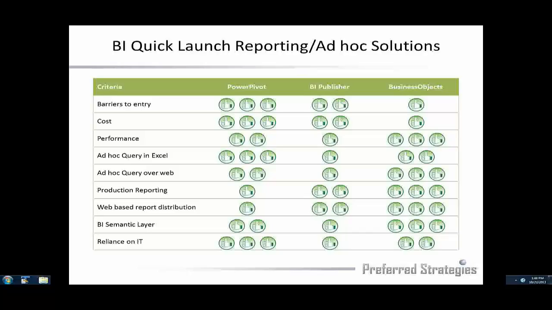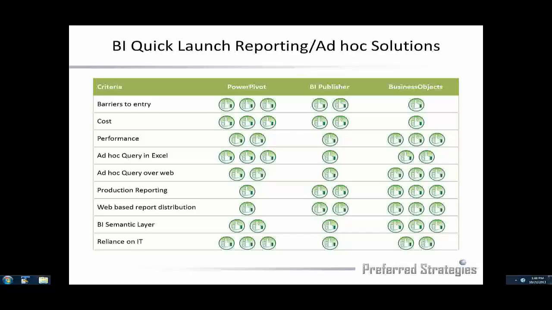And so the more data you're consuming in a data model, the larger that file gets, depending upon what browser you've got, and whether it's 32-bit, 64-bit. That might lend to some issues. So of those three, we've just seen Business Objects and Power Pivot seem to perform better than what we've seen on some of the BI Publisher stuff.